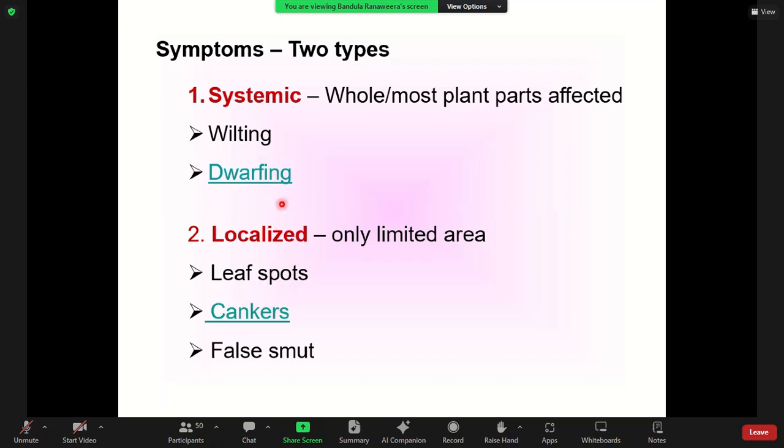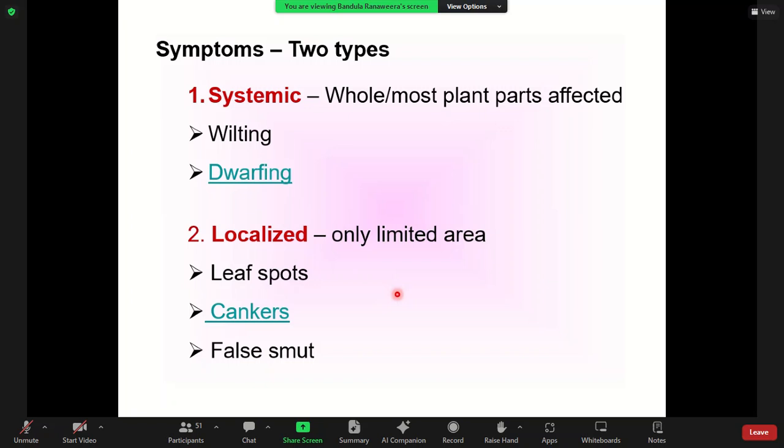Then there are localized symptoms. Localized symptoms are symptoms appearing only in some limited areas. Sometimes we observe symptoms only on the leaves: leaf spots, changing patches. If you remember in the previous presentation, I showed you some leaf spots, patches, cankers.